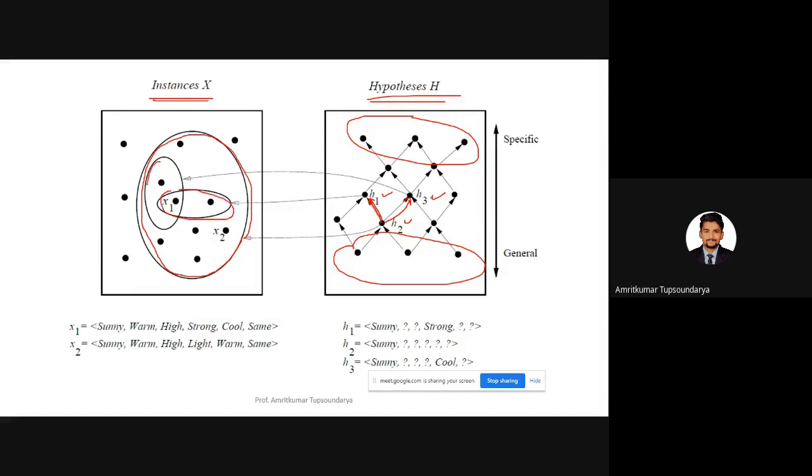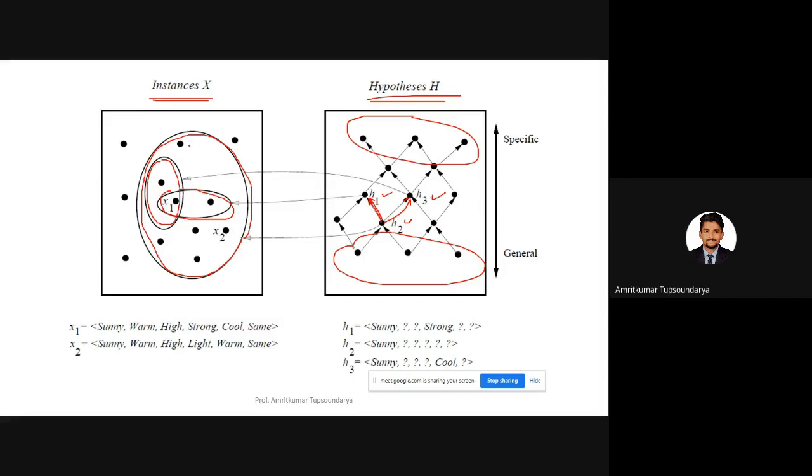H1 is this, and H3 is this, right? So H2 subsumes the subsets categorized by H1 and H3, pardon, right? So hence we can say that H2 is more general than H1, and H2 is also more general than H3.